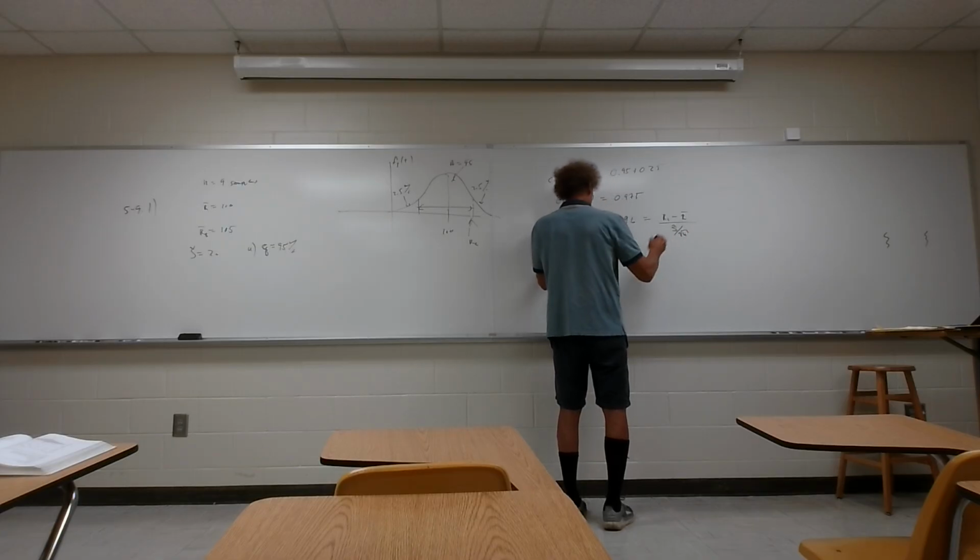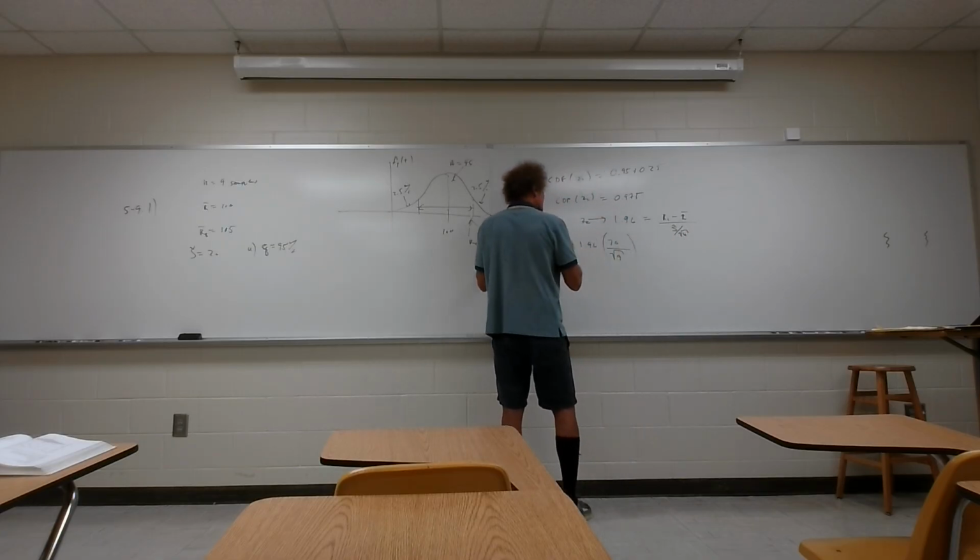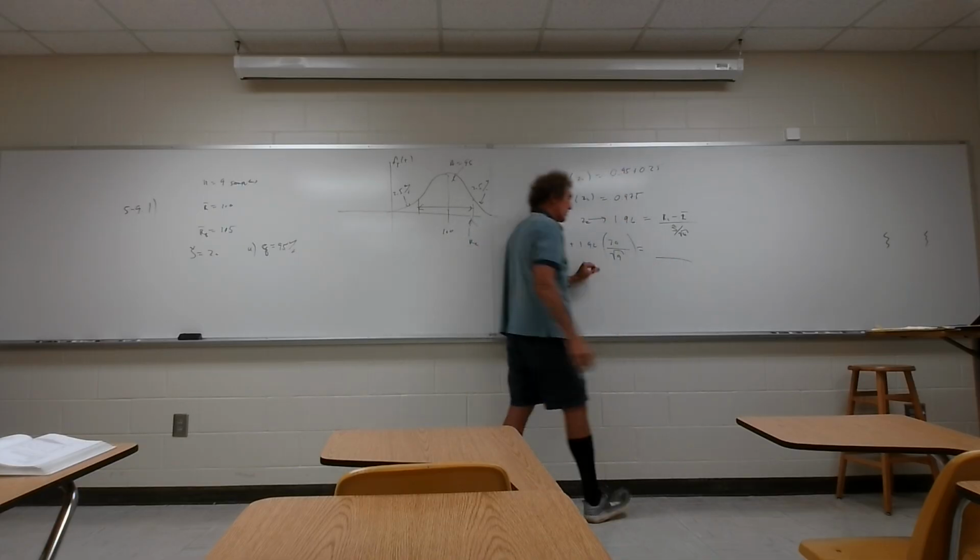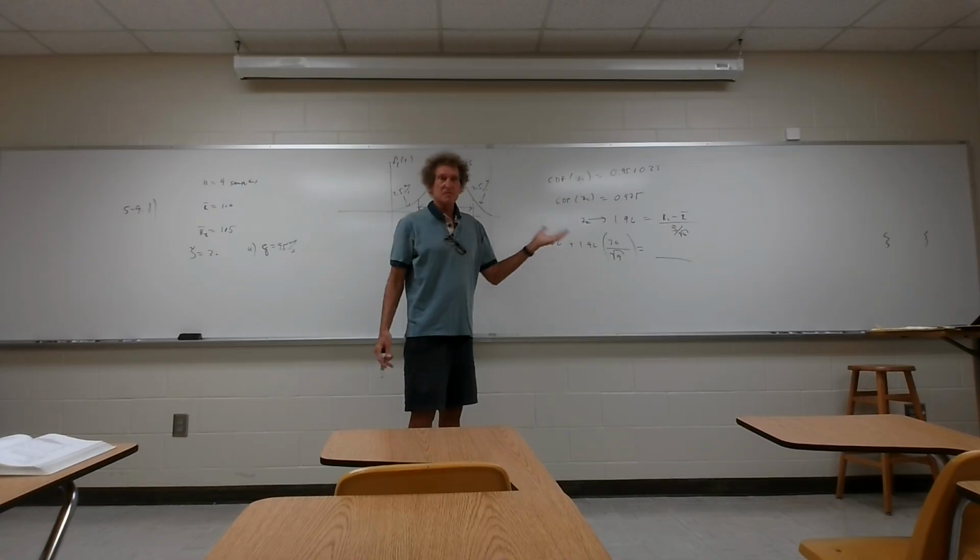And it's going to be that plus r bar, which is 100. And even though this is completely incorrect, because there's only 9 samples, what would the value be, just to make sure everybody knows how to do this?